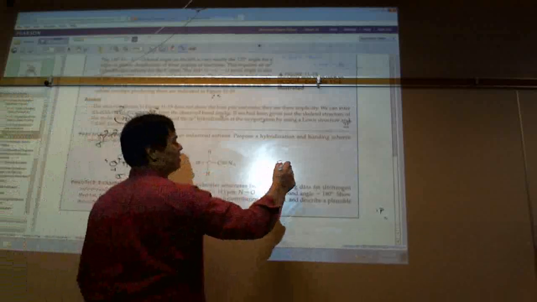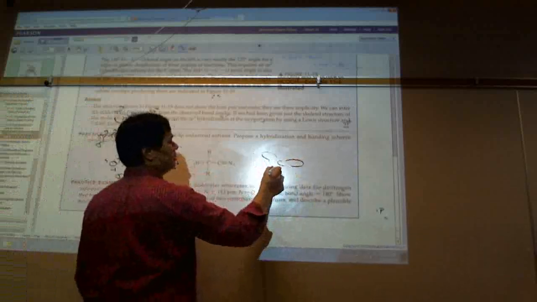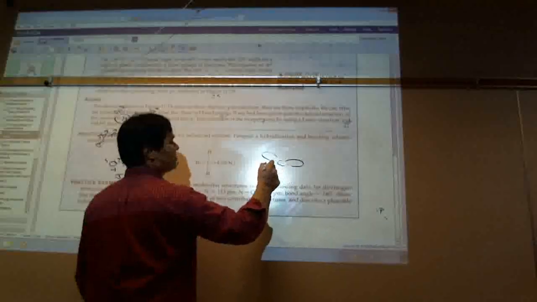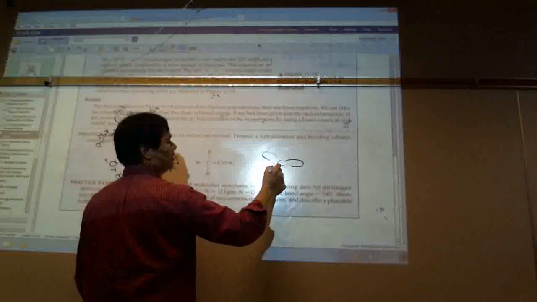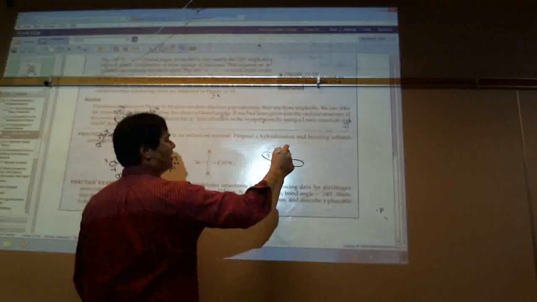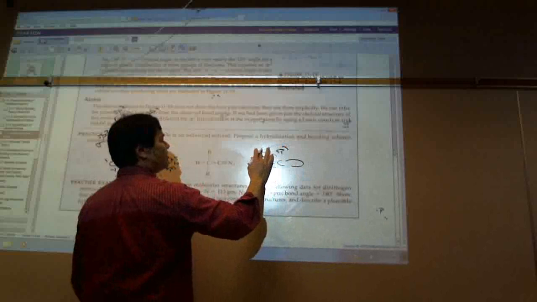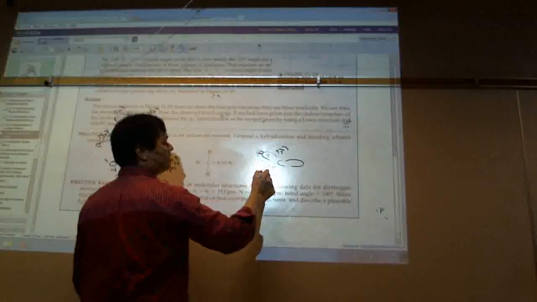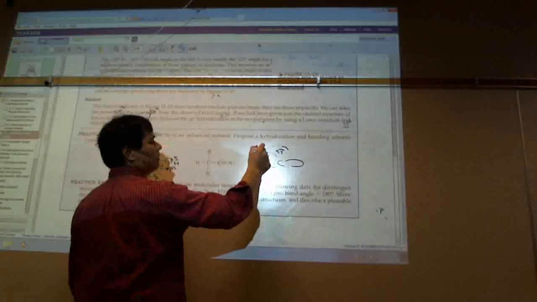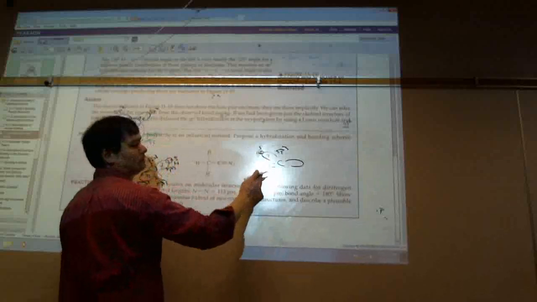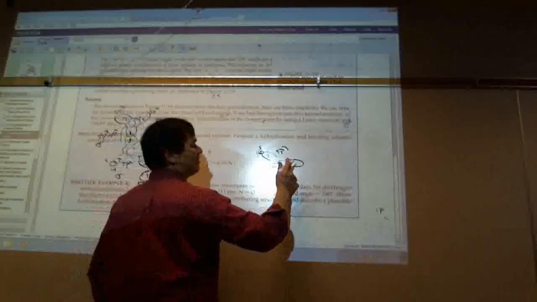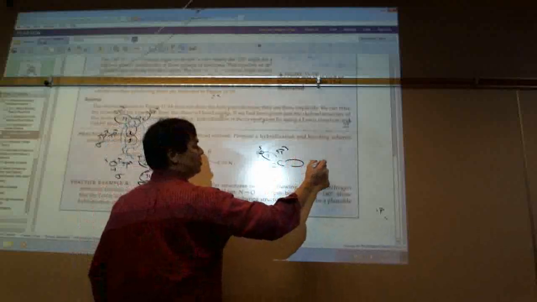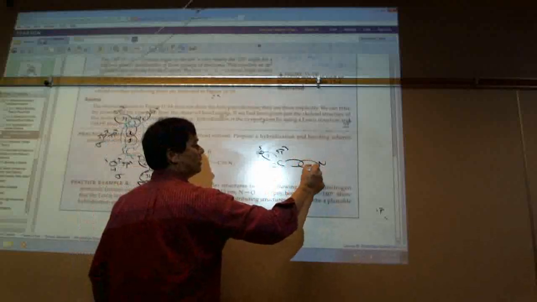Can you do the orbitals for this? Yeah, it's not that difficult. sp3, sp3, sp3, and so we've got all these sp3s, and then a hydrogen here and a hydrogen here. And then this carbon is going to be sp3 to nitrogen's sp.